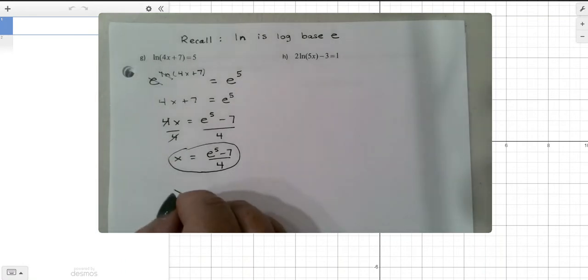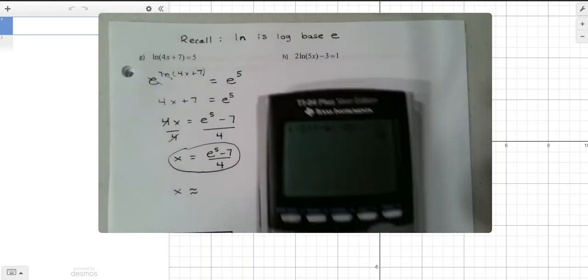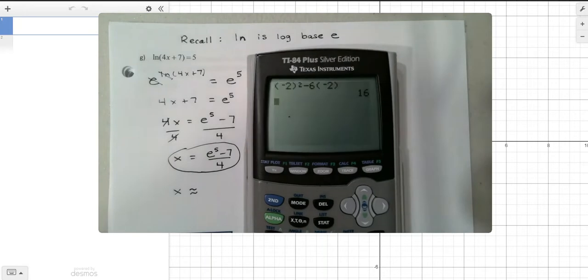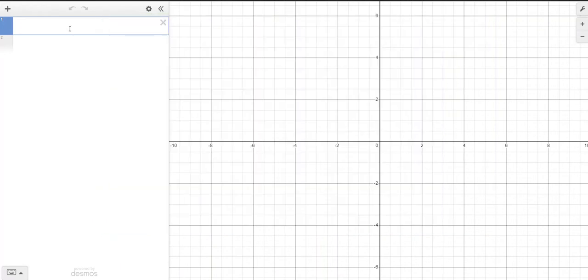Now, if I do want a decimal approximation, let's say to 3 decimal places, then of course either Desmos or your calculator will do this just fine. In fact, I've been using the calculator a lot. Let me do this one on Desmos. e to the 5th minus 7 over 4.